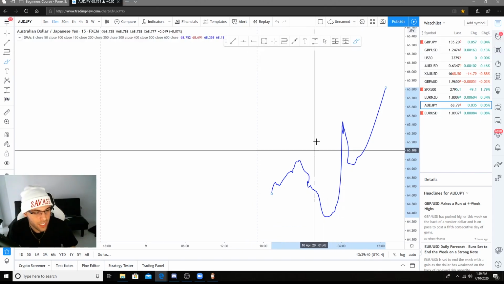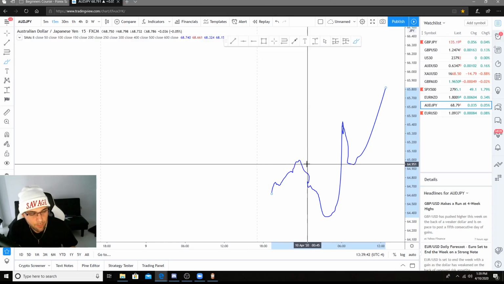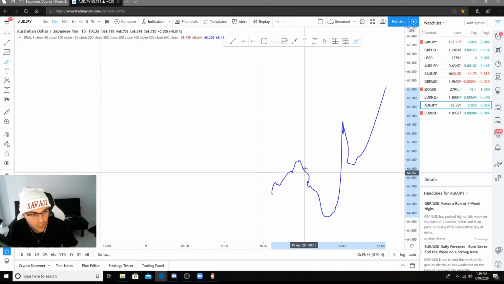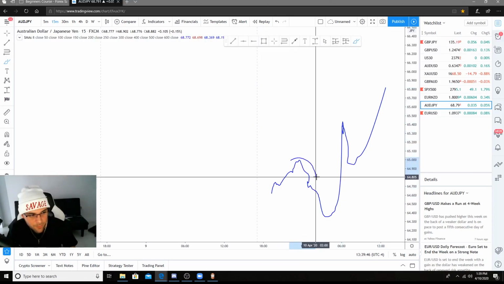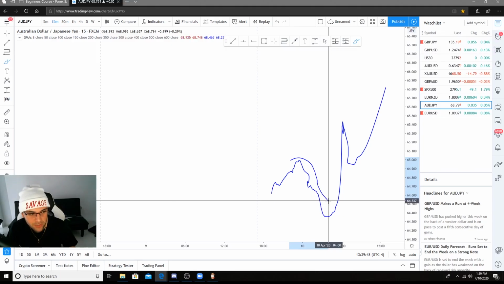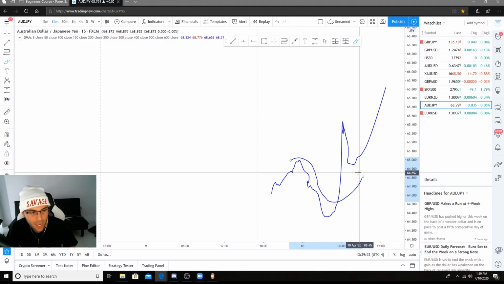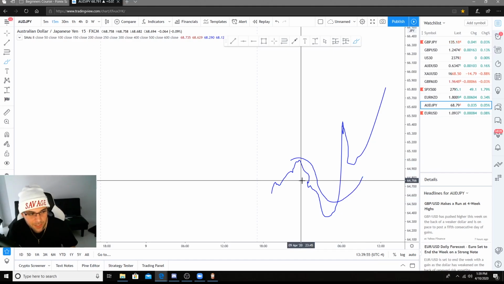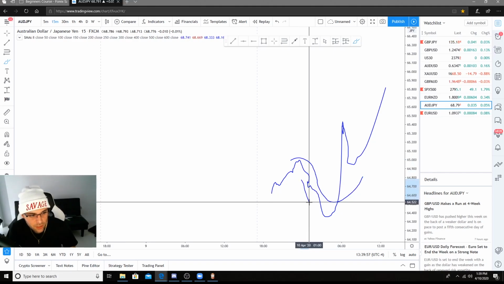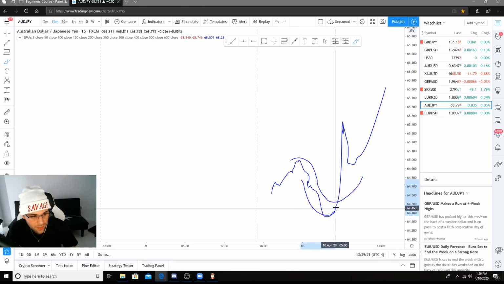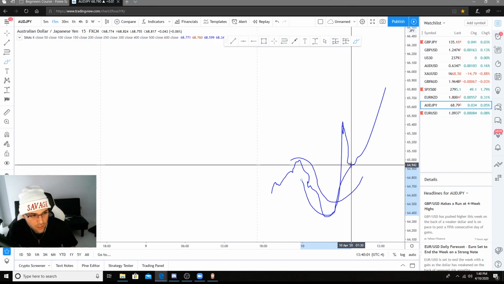Normally, let's say we had the 50 SMA. Remember, the 50 SMA is what lets us know price is bullish. Then you'll have it go like this, and under here most of the time is the other moving average, and then you'll see them cross over.